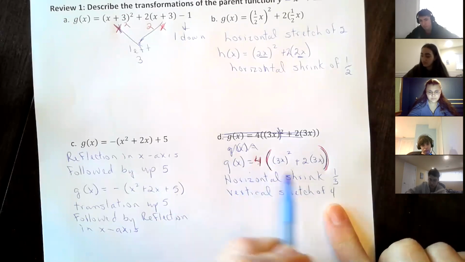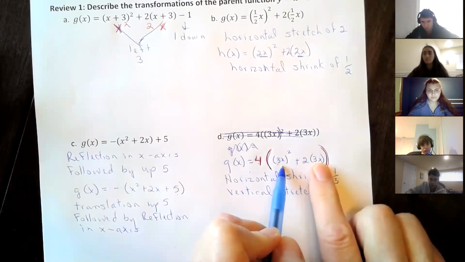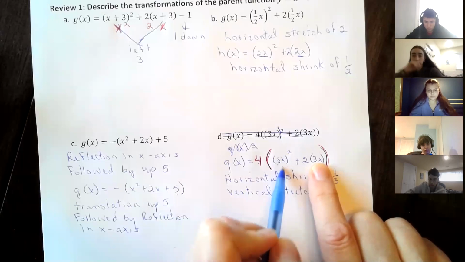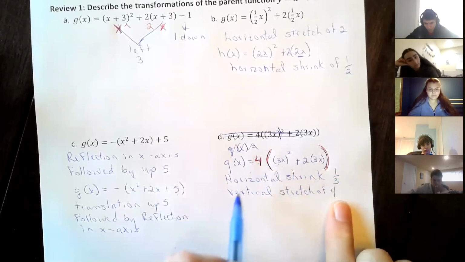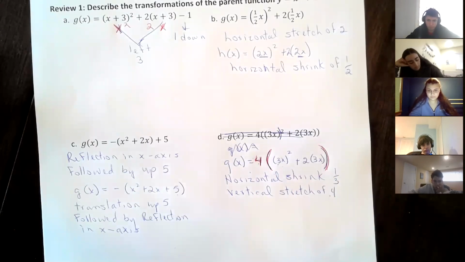And when we look, we see it's 3 times x, which means it's horizontal. And if it's horizontal, then we know it has to be 1/3, which makes it a horizontal shrink. And then all of that times 4. Since it's 4 times the whole thing instead of just x, we know it's a vertical stretch. Okay. Well done, Josh. Does it make sense, Mikhail?